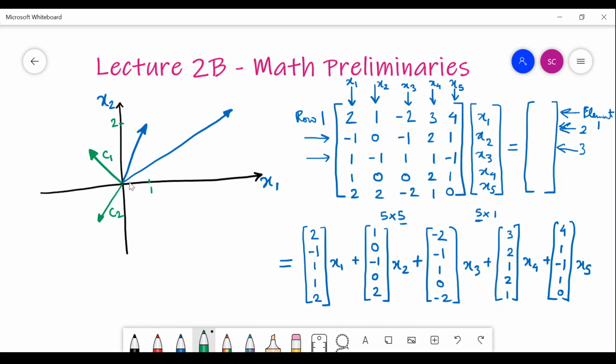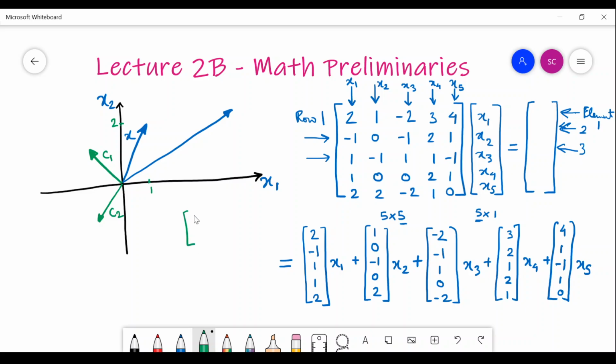C1 vector I am scaling by this much, the coordinate x1 of my parent vector. So let me call this the first vector x. So for x, my x1 is equal to 1 and x2 is equal to 2. So I am scaling the c1. So my operation is basically this.